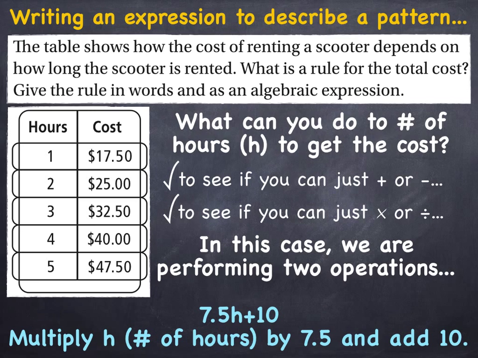So your expression is 7.5h plus 10. And the way to say that using words would be multiply h, which is the number of hours, by 7.5 and then add 10. That means to rent the scooter, there's probably going to be a $10 charge just to get the scooter, and then it would be $7.50 for every hour that you keep it. And that's how you write expressions, algebraic expressions.